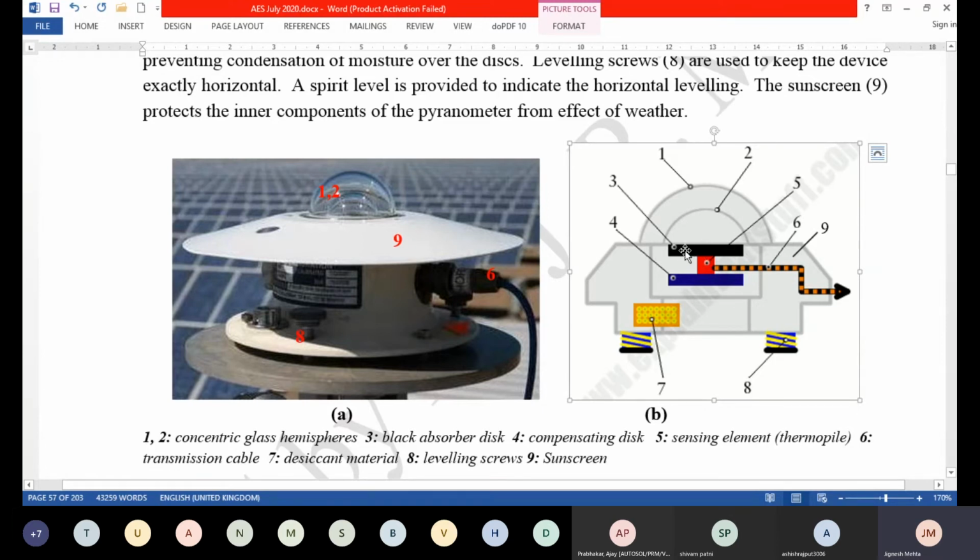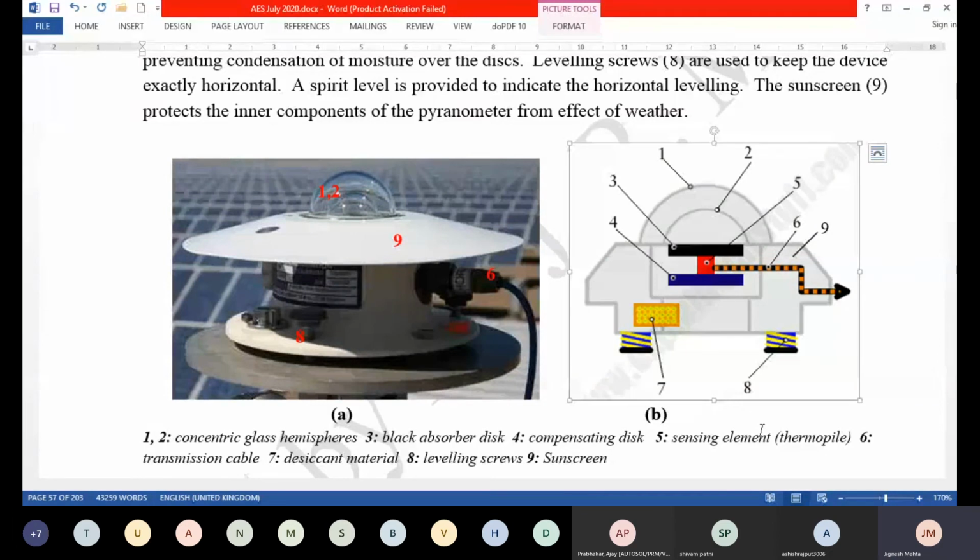Now this plate heats up, and you can read this 4 and 5. 4 is the compensating disk, 5 is the sensing element or thermopile. You might know what a thermopile is. A thermopile is multiple thermocouples connected in series to increase its amplitude, so that you are more accurate when you read the millivolt reading provided, and then you calibrate it in watt per meter square.